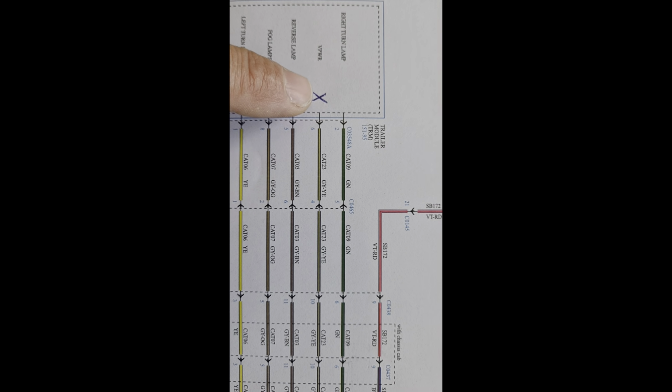If we switch on the ignition, vehicle power should come from pin number 6 to pin number 10, but you can see I already put a cross there because there's no terminal 15. Let me switch on the ignition.